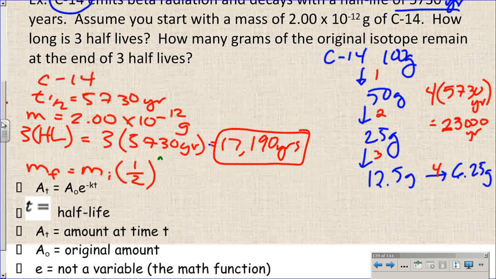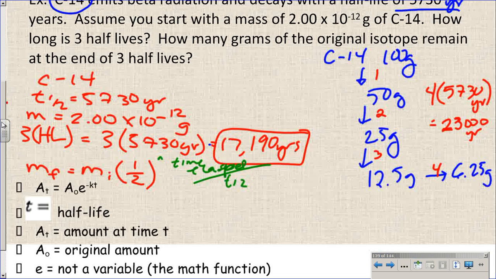To the power of time elapsed over half-life. I'm just going to put over T1/2, actually, because that's a little shorter. And I'll do this example. So the green part is a power, okay? It's an exponent. So mass final is what we're looking for after 3 half-lives have passed.